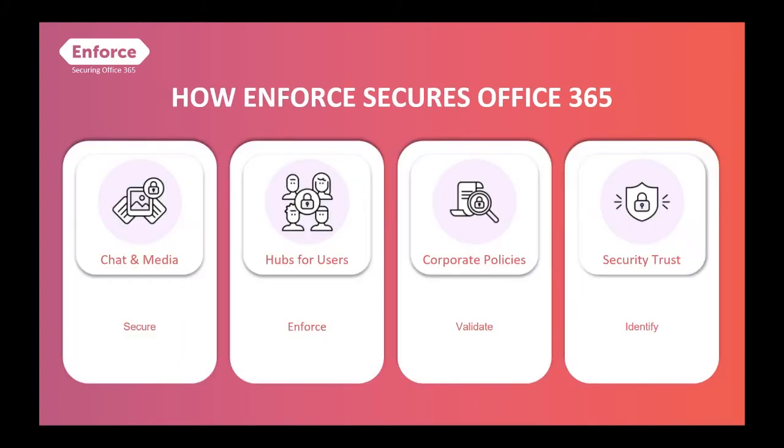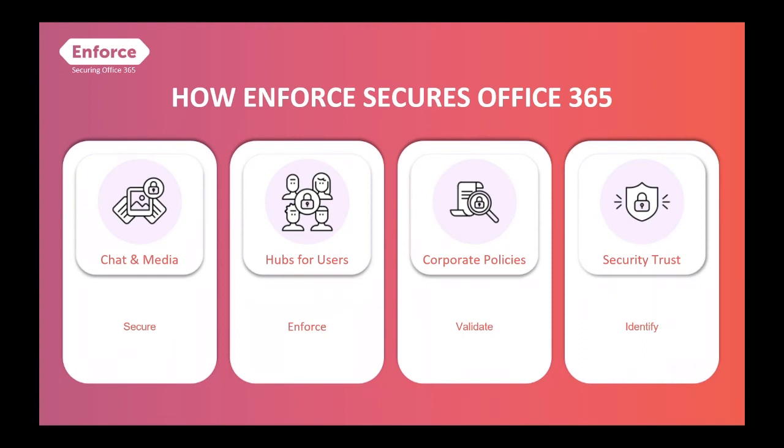Cardiolog Enforce secures Office 365 in the following ways for the following segments. So chat and media: Cardiolog Enforce can secure chats and images and links and attachments and content via advanced enforcement algorithms.